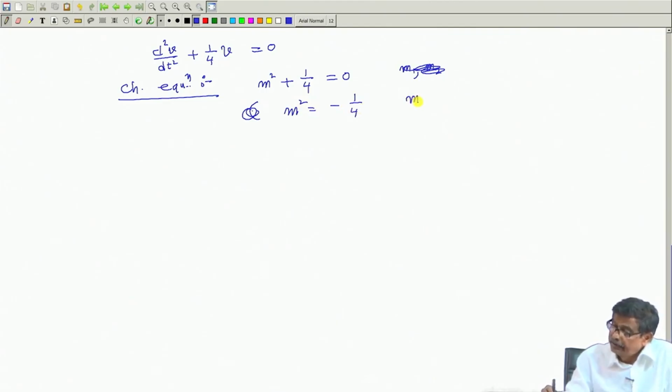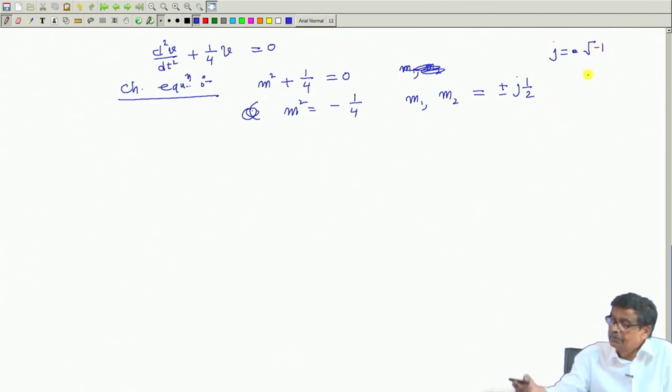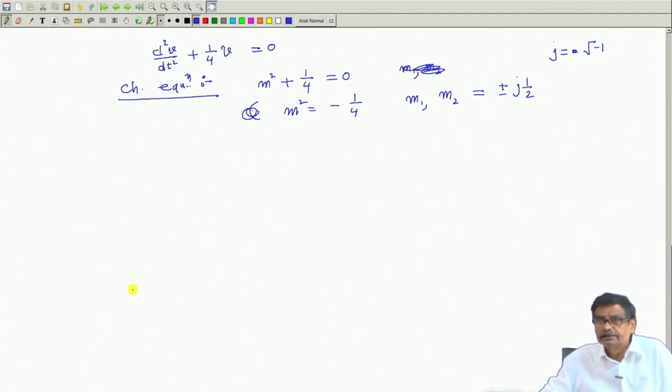Therefore, if you take the square root of both sides, m1, m2 will be equal to plus minus j by 2, where j is root over minus 1, a complex imaginary number. Are the roots distinct? Yes, they are not equal, because one is j by 2, another is minus j by 2.